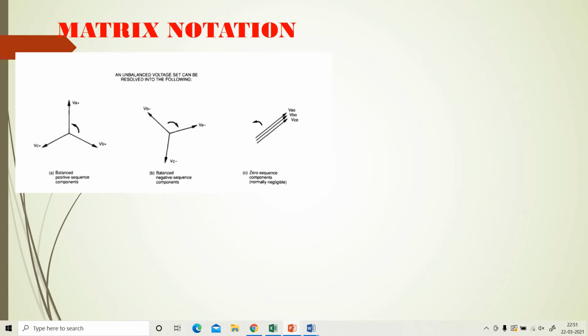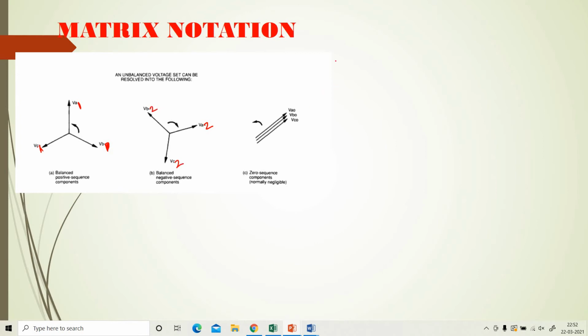Next I am going to explain the matrix notation for the unbalanced voltage and the symmetrical component. So first this is VA1, VB1 and VC1, the positive sequence component. Next, negative sequence component VA2, VC2 and VB2.